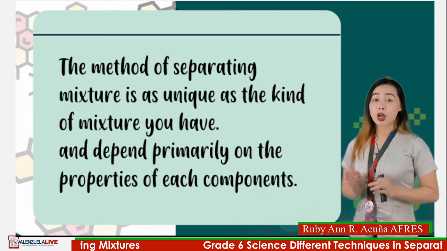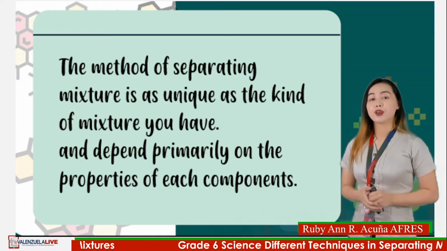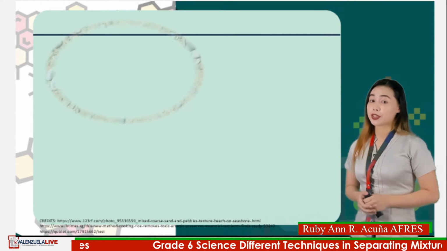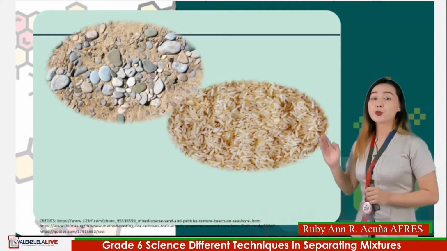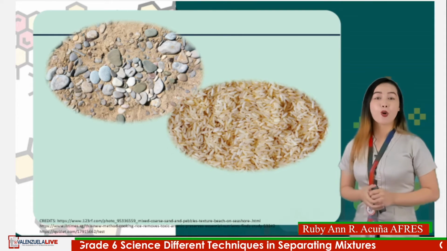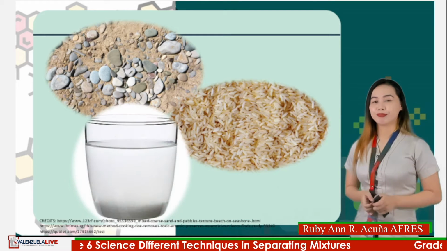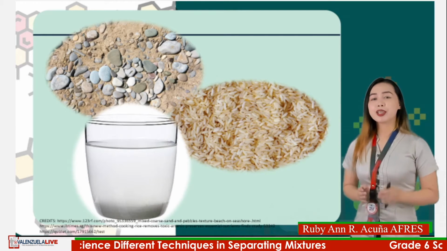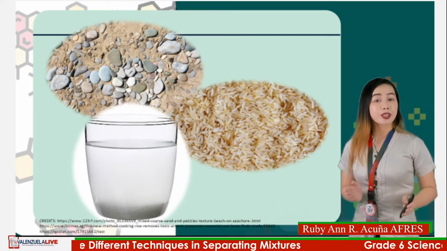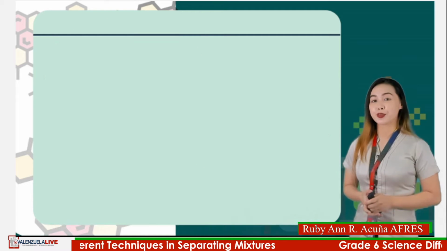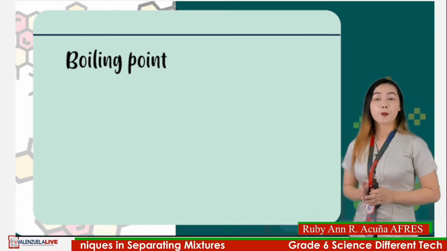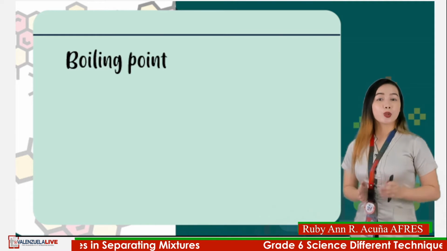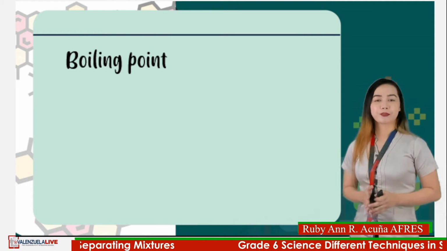Like the sand and pebbles, or the chaff from the rice grains, we cannot simply pick the salt out of the water. That is why different methods of separating mixtures are being used not only in the laboratories but also in school, at home, and in other places.